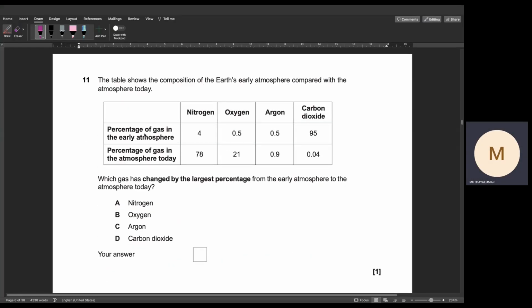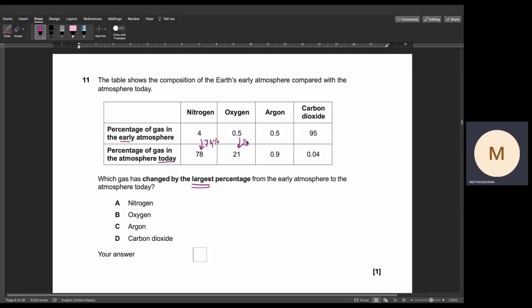Final question, a nice easy one to finish off with. The table shows the composition of the Earth's early atmosphere compared with the atmosphere today. So we've got early followed by today. 4 different gases. Which gas has changed by the largest percentage from the early atmosphere to the atmosphere today? So if we look at the difference, that's 74% difference.